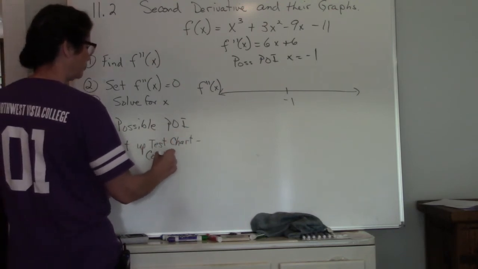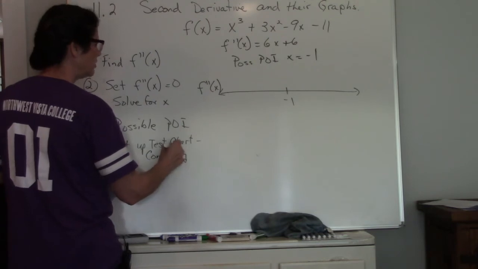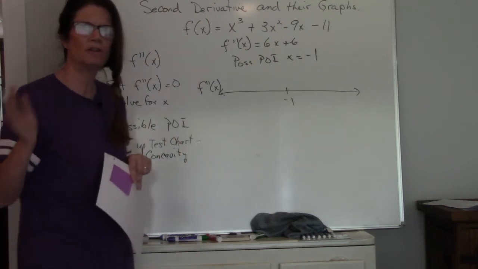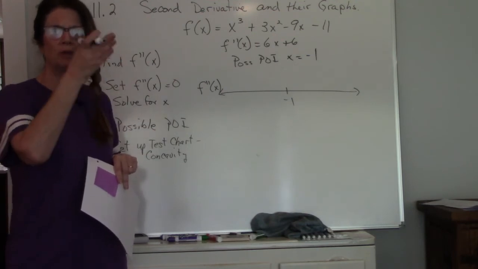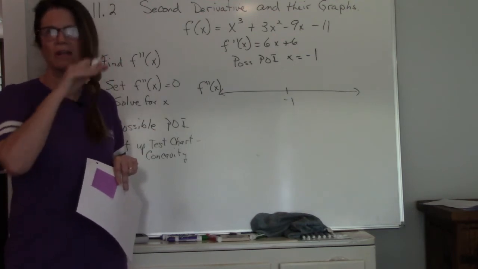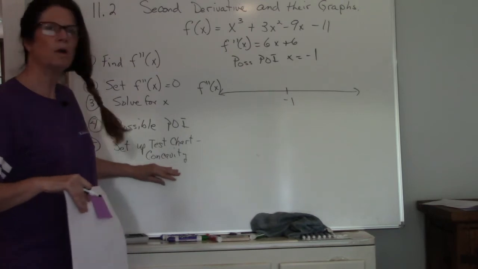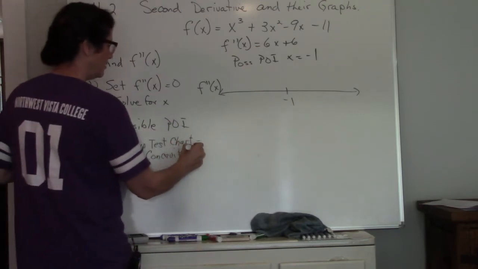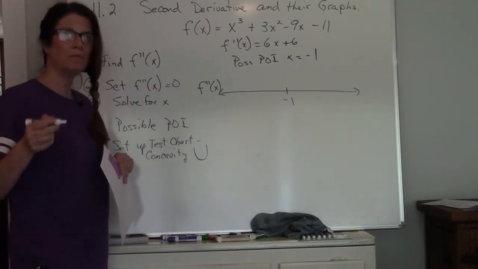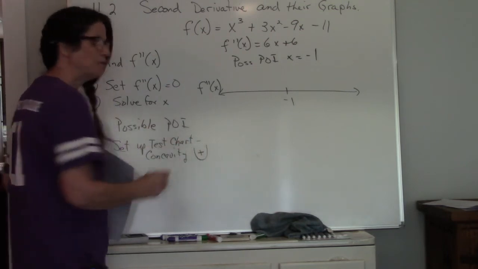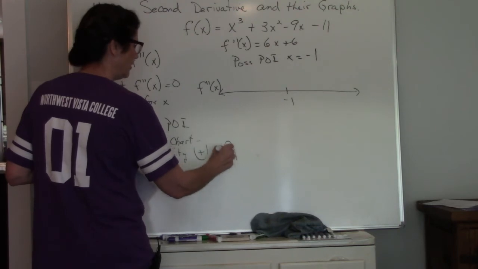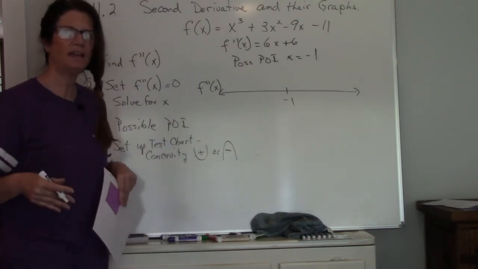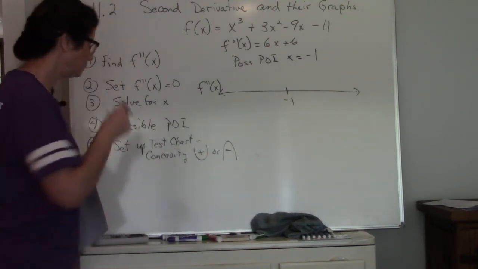So we're looking for concavity. So here's the difference between the first derivative and the second derivative. Remember, with first derivative, we were looking for, is our slope increasing or is it decreasing? Is it going up or going down? Now what we're looking for is, is our second derivative curving up, which means we have a positive second derivative, or is it curving down, which means we have a negative second derivative, okay?